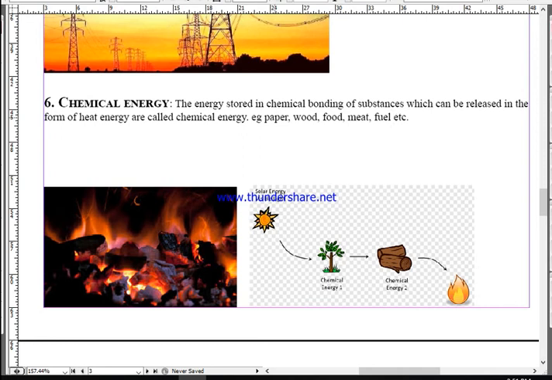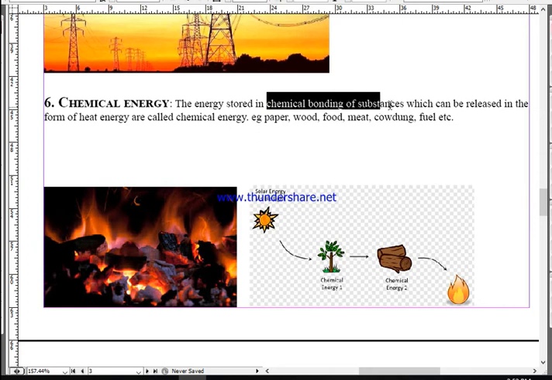Hay, or cow dung, because in the rural areas of our country, cow dung is also an important source of fuel, isn't it? So remember this: chemical energy is the energy stored in the chemical bonding of substances.